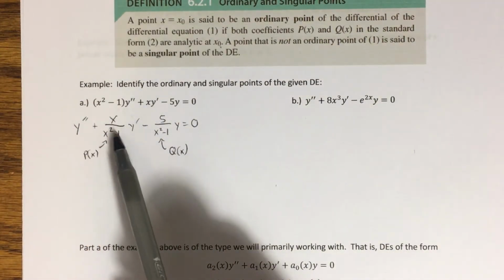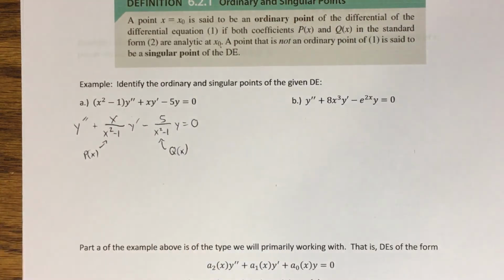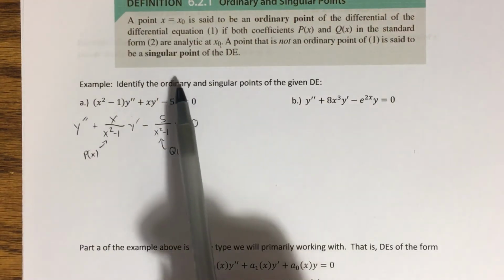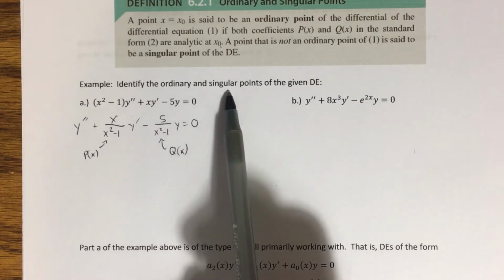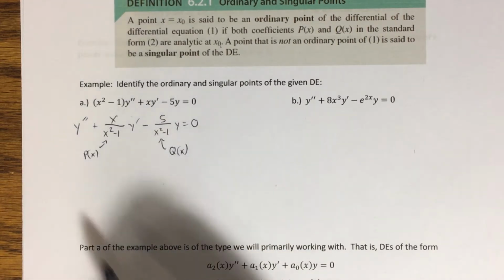On the flip side of that, these functions will not be analytic at any point where they're not defined. And that's actually true of any function. No function is analytic at a point that's not in its domain. So really, the question of identifying ordinary and singular points boils down to just finding the domains of these functions.